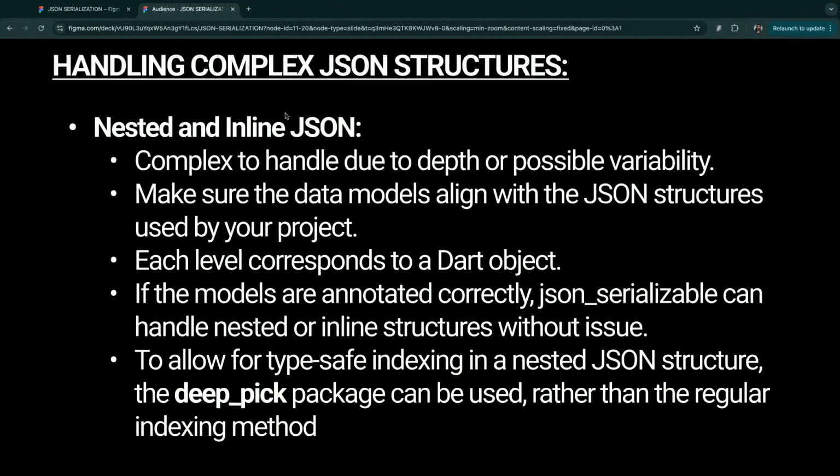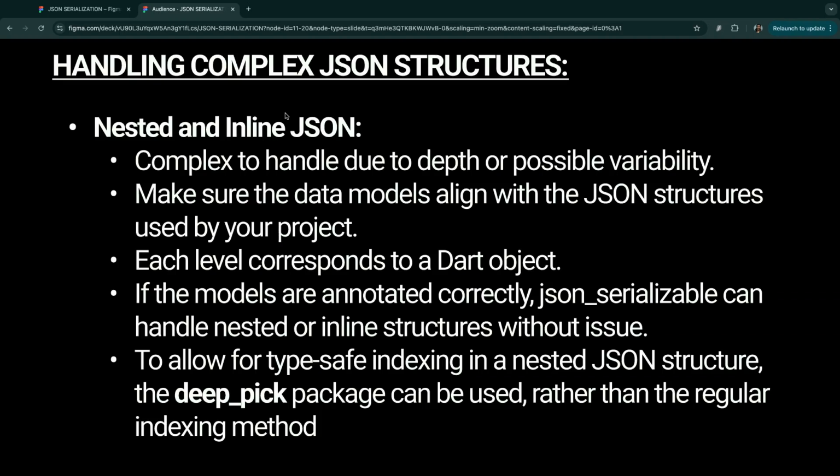Now, when it comes to handling more complex structures, one of the more commonly encountered complex JSON structures involves nesting, and it's used by a lot of apps these days. In either case, it's very complex to handle, mostly due to depth and possible variability. In such cases, there are two things to ensure. The first is that whatever data models you've defined for your app should be as realistic as possible, aligning with the kind of data structures your app ideally has to use.